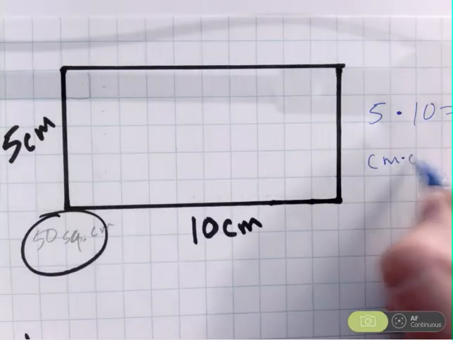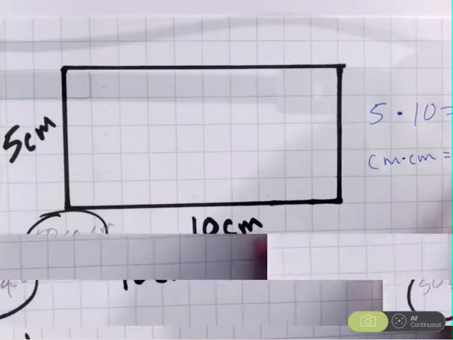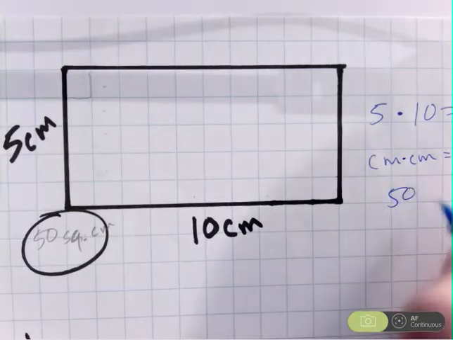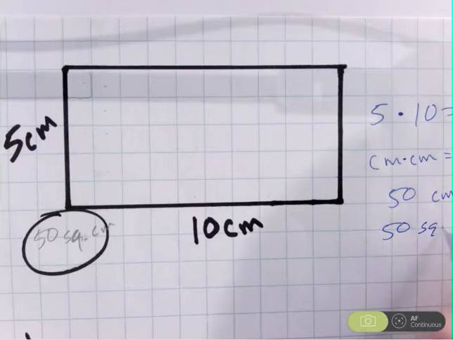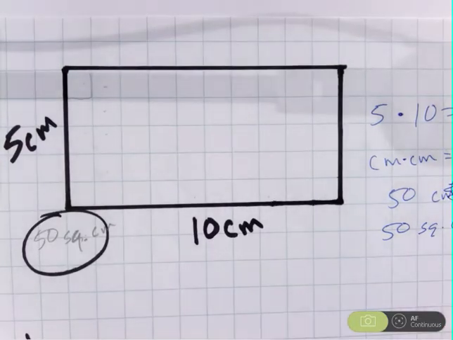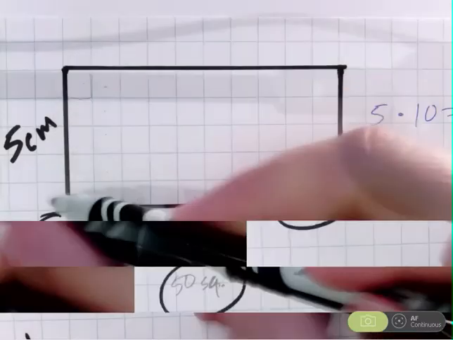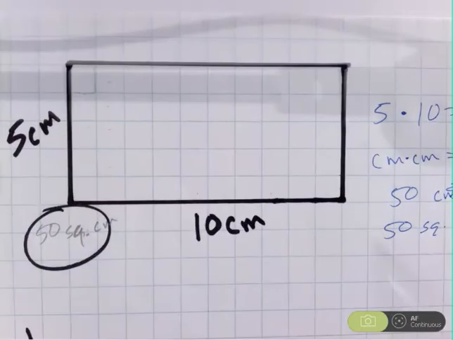Anything multiplied by itself is centimeters squared, square centimeters. So this is going to be 50 square centimeters. I like to see it written like this. That way you don't think that this is a squared symbol, okay? So 50 square centimeters. This will work on any given rectangle. If you multiply the length of one side by the length of the other side, you're always going to be able to get the area in square units.